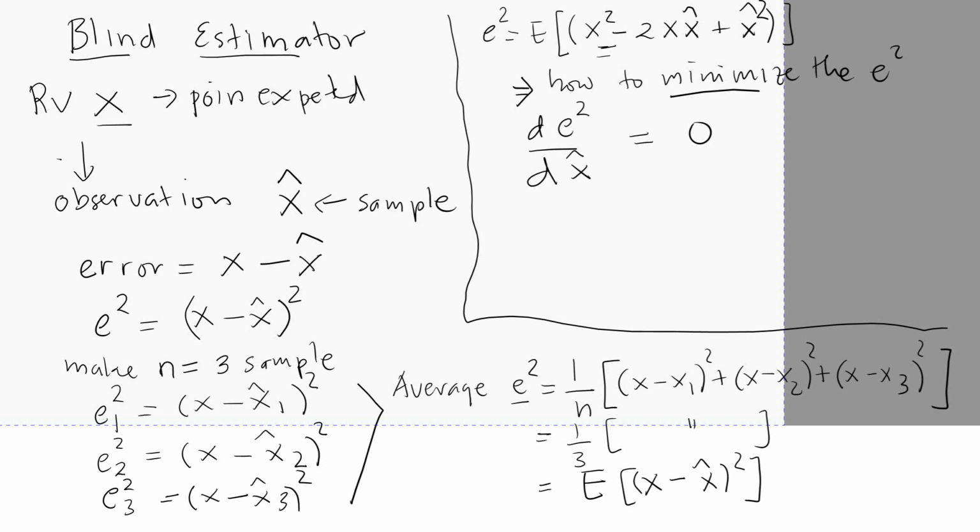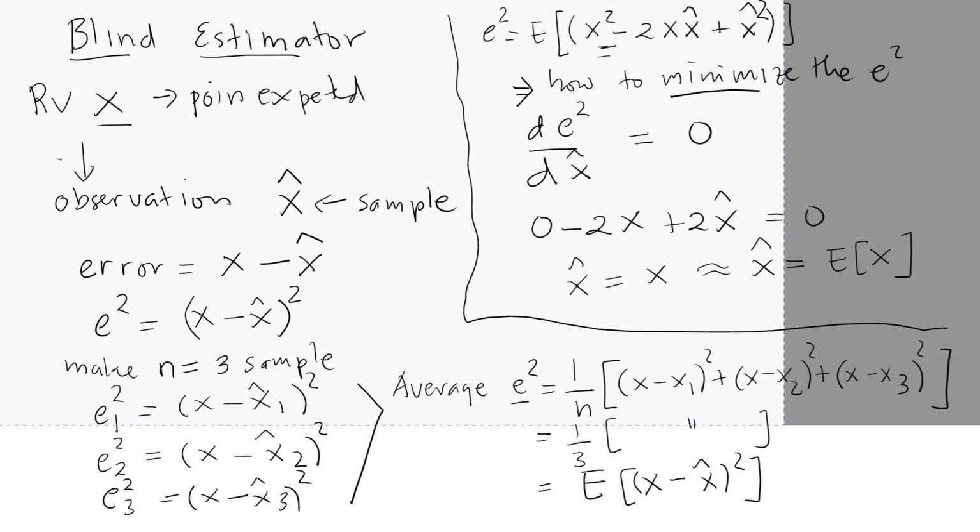Because we don't have x bar in the first term, it is 0, minus 2x plus 2x bar, and setting it to 0, the x bar equals x. In other words, x bar can be defined by the expected value of x.